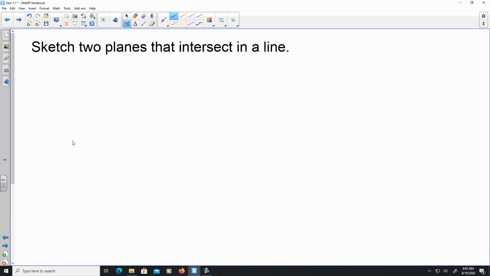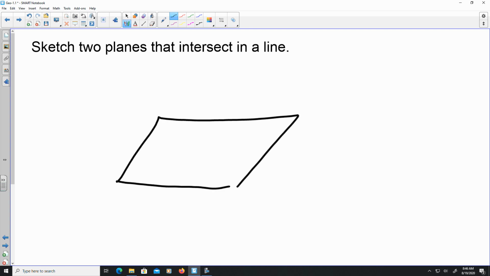Here it says they want us to sketch two planes that intersect in a line. So basically you've got two intersecting planes. I'm going to make my drawing here of one plane, and then I'll make my drawing of the other one.